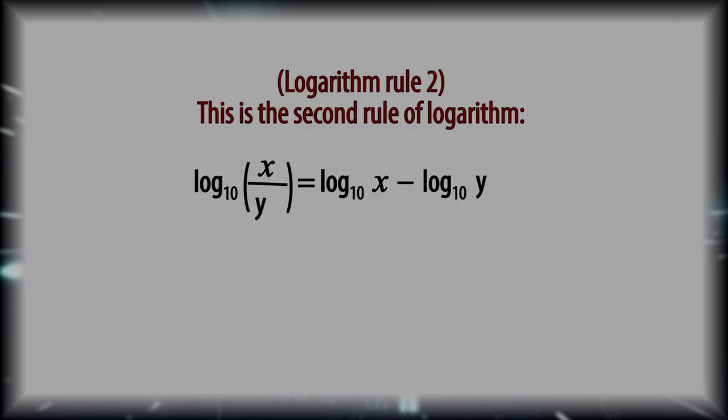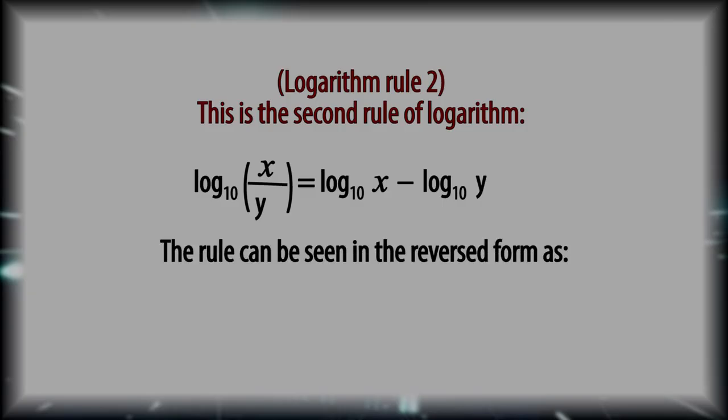So the second rule we are going to be using says that log base 10 of x divided by y is equal to log base 10 of x minus log base 10 of y. Again, this rule can be reversed.